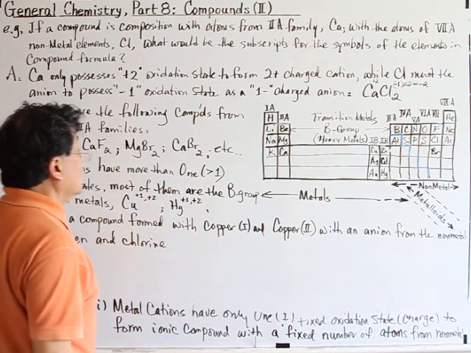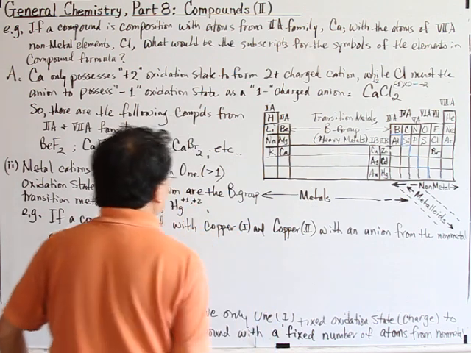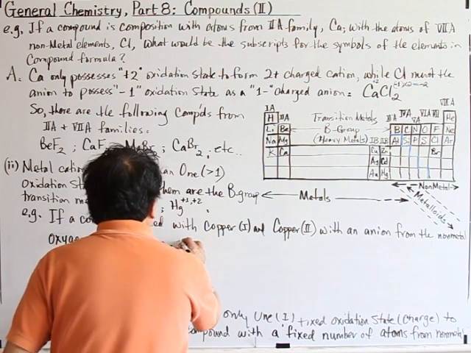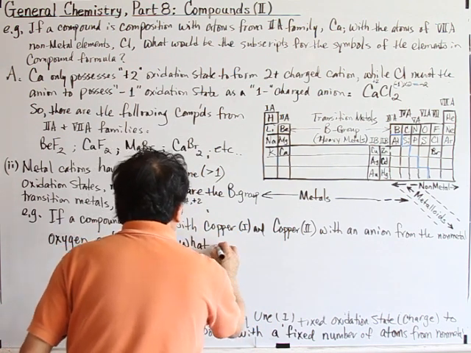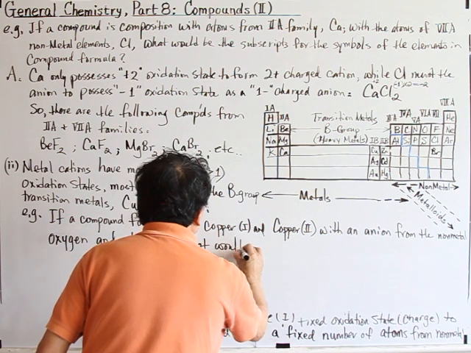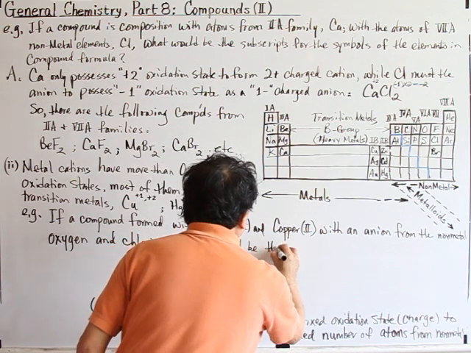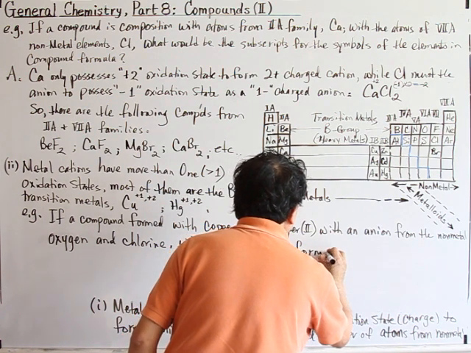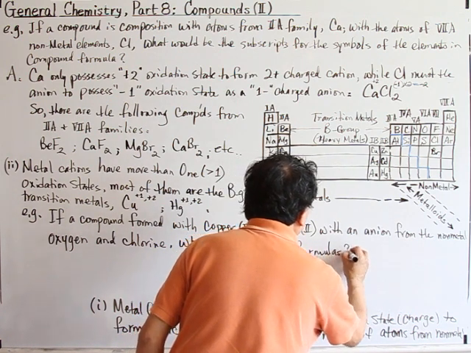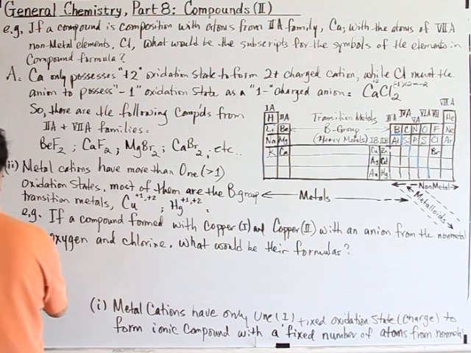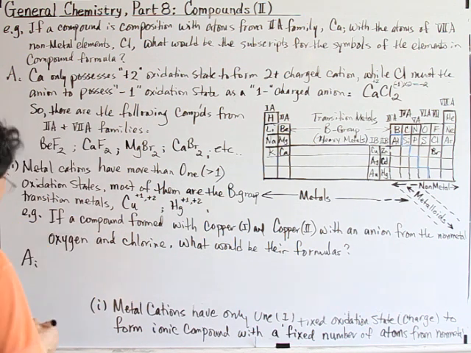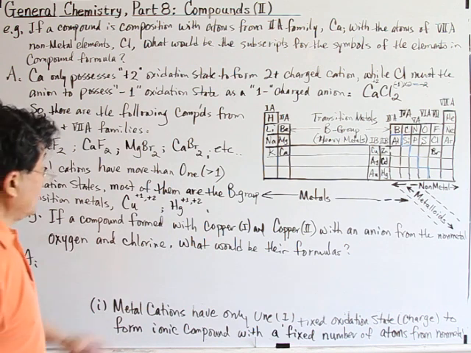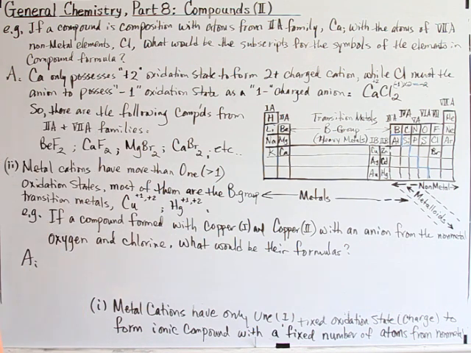What would be their formula? That's the example. So we have copper plus 1, or copper plus 2 oxidation state.